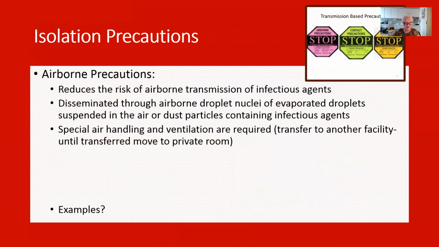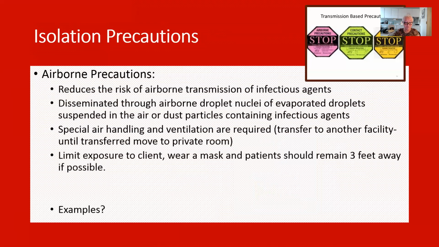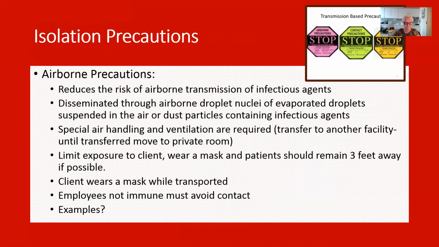Transfer to another facility, and until transferred, move the client to a private room. Limit exposure to the client. Wear a mask, and people should remain 3 feet away if possible. The client wears a mask while being transported. Employees not immune must avoid contact.